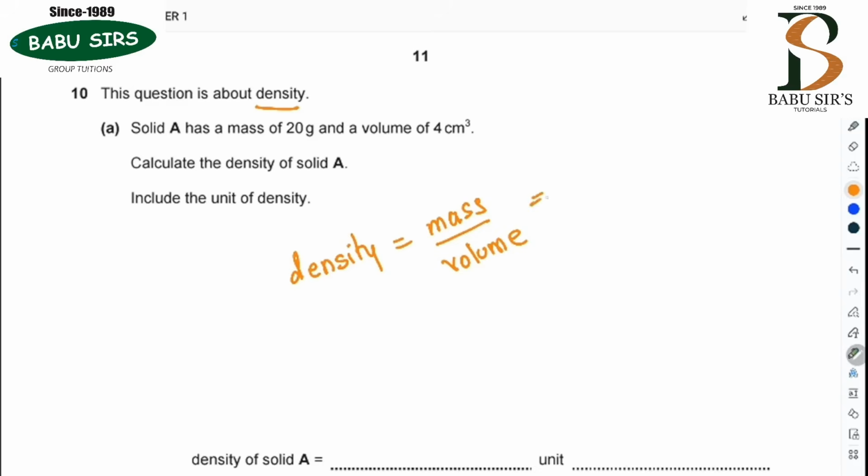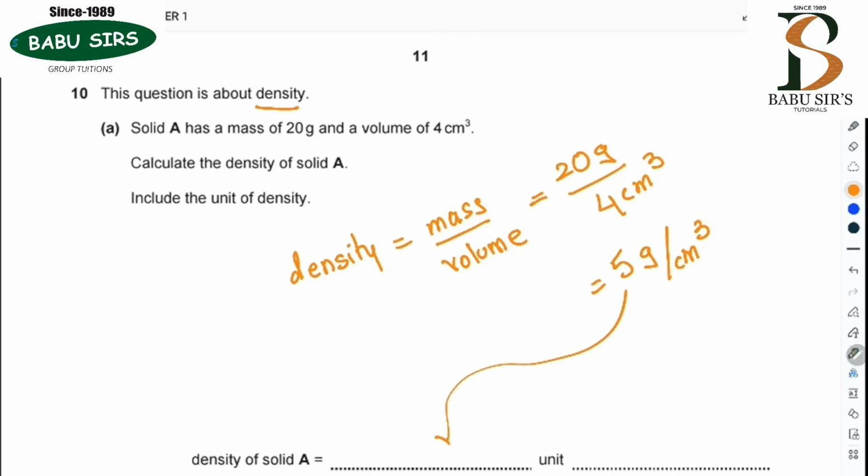So you can write here mass is 20. And volume is 4. So volume you can write it 4. And you can just divide it. So you will get 5. From top you can write g. And down you can write cm cubed. So this is your answer. And this is your unit.